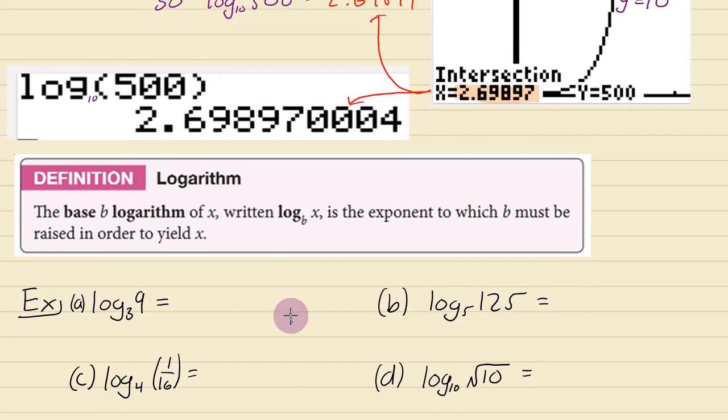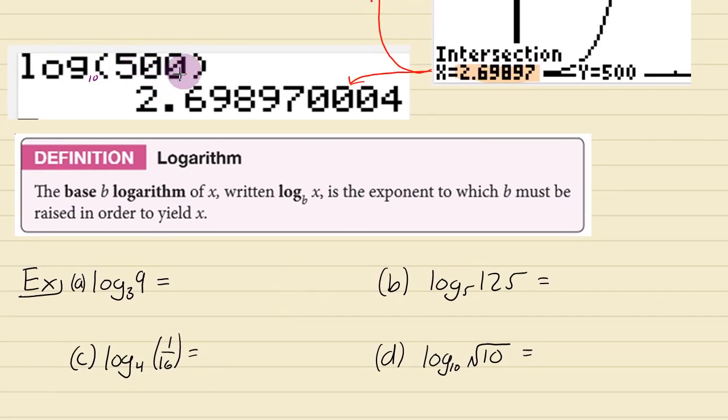So what we were talking about here was x was 500 and b was 10. To what power did we have to raise 10 to get a result of 500? The power was 2.69. 10 to the power 2.69 will yield the result of 500.